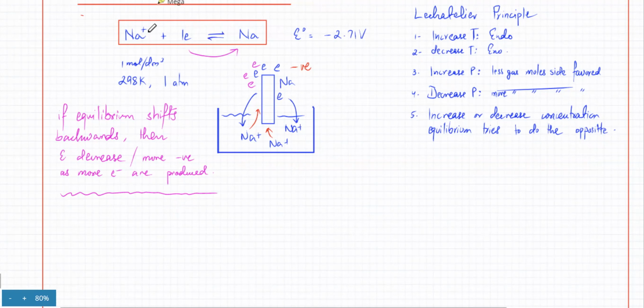So the sodium ions would consume a lot of electrons, and the rod would become electron deficient. So the opposite would be, and vice versa: if equilibrium shifts forward, then the potential would increase.